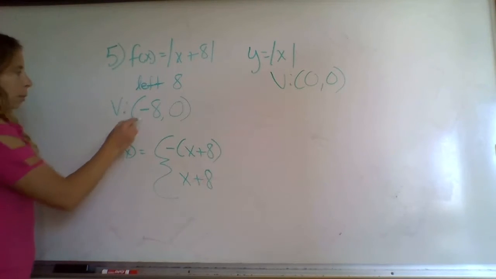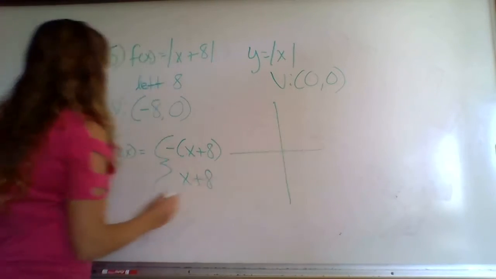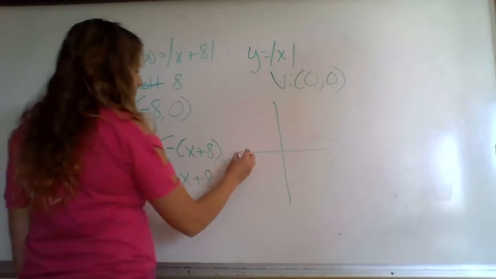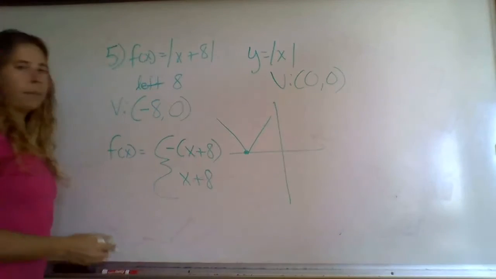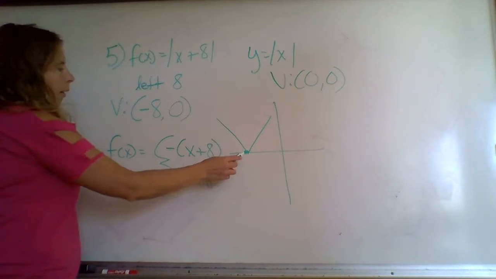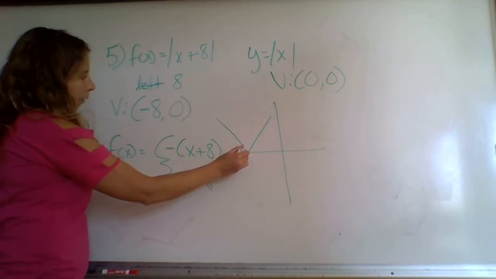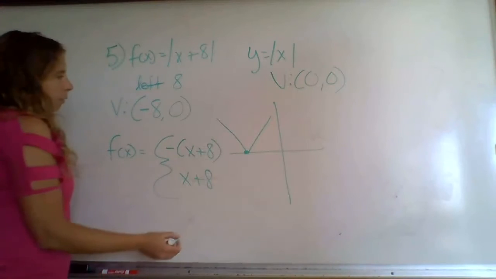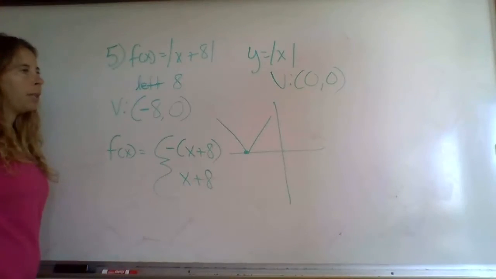Your vertex, remember, is the turnaround point. So my vertex is at negative 8, 0, so like right here. So my slope is negative, and then I hit the vertex and my slope becomes positive. So that's why your vertex is so important for absolute value. It is your turnaround point.